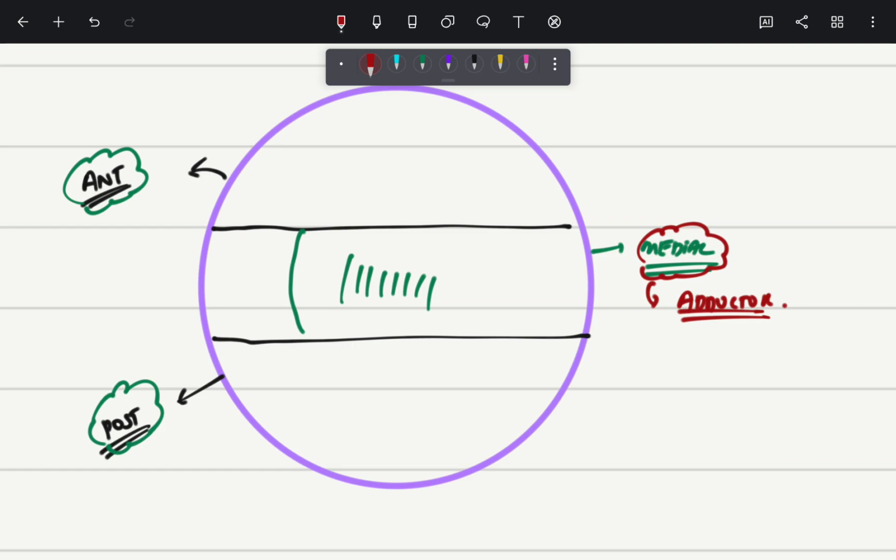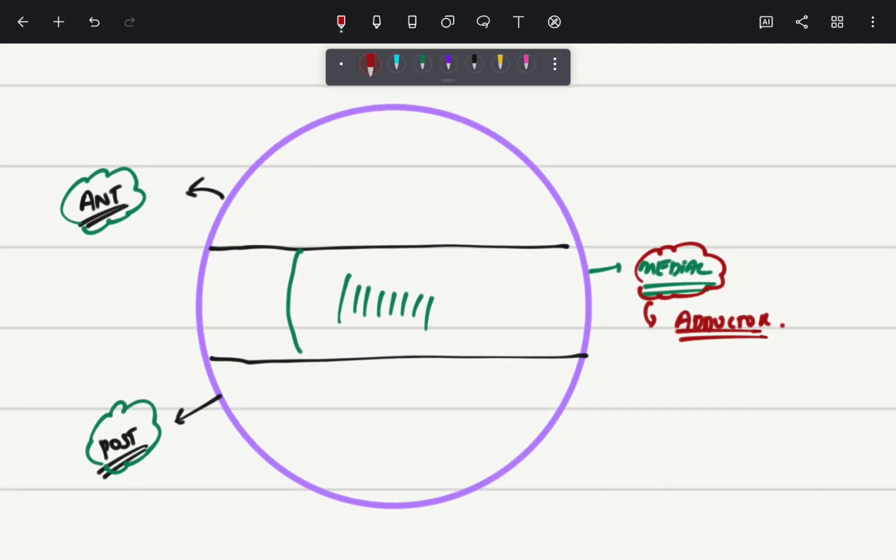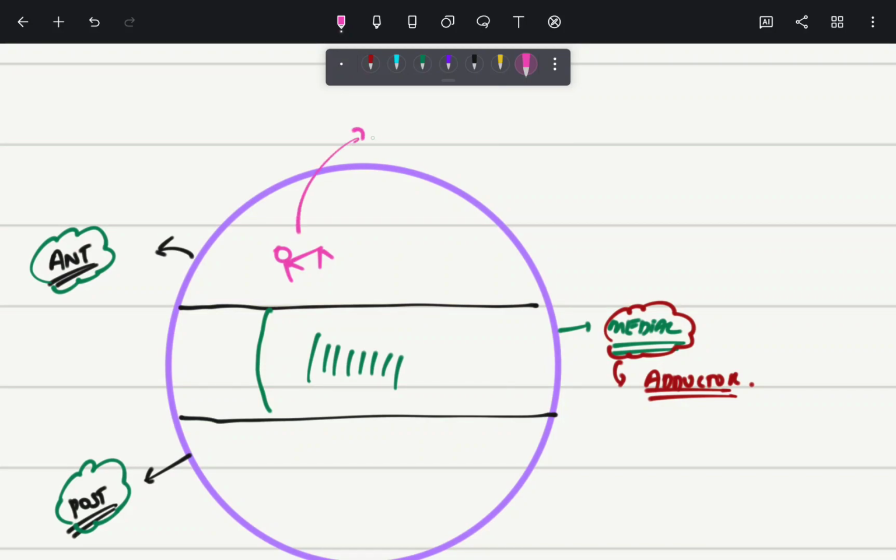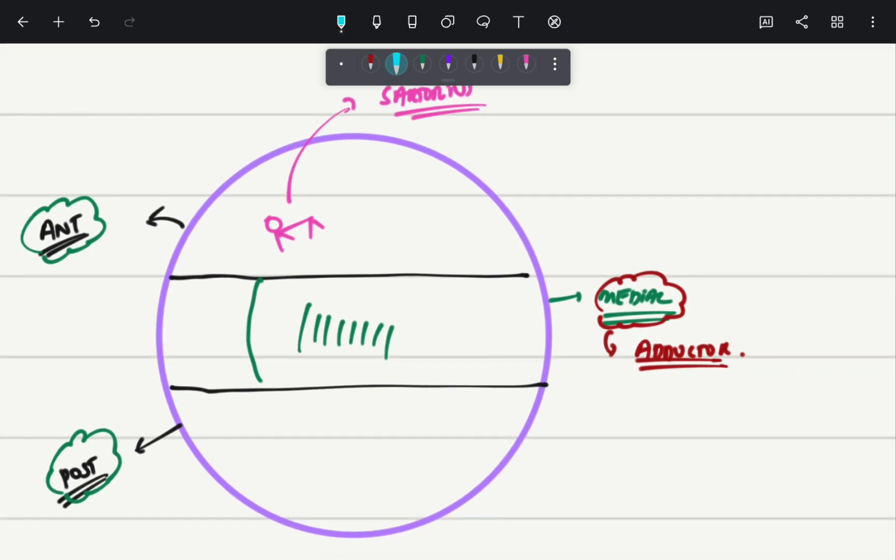Okay, so in the anterior compartment of the thigh, usually we have a donkey here. The name of the donkey is sartorius, and not only that, we have a rectangle shaped muscle called as your quadriceps femoris.